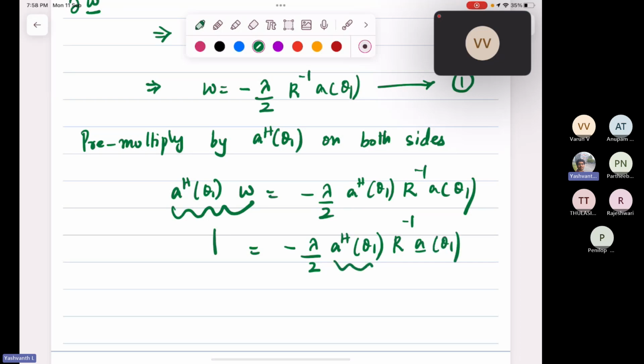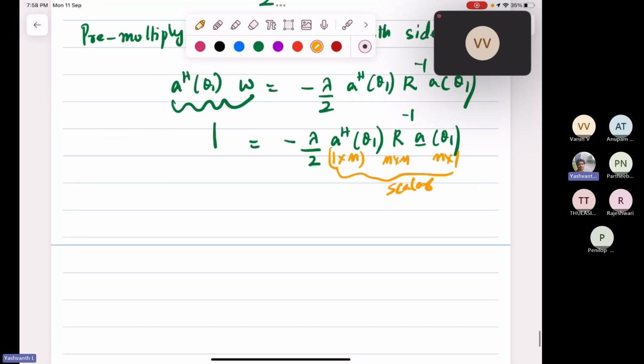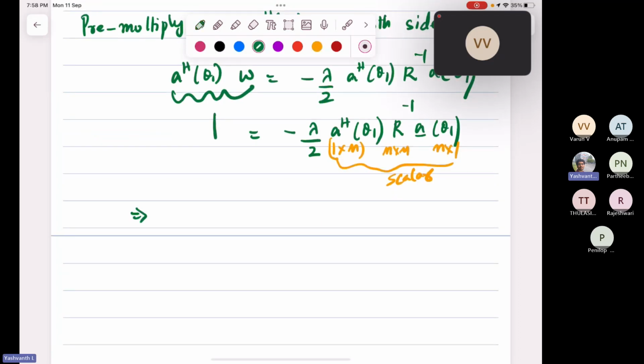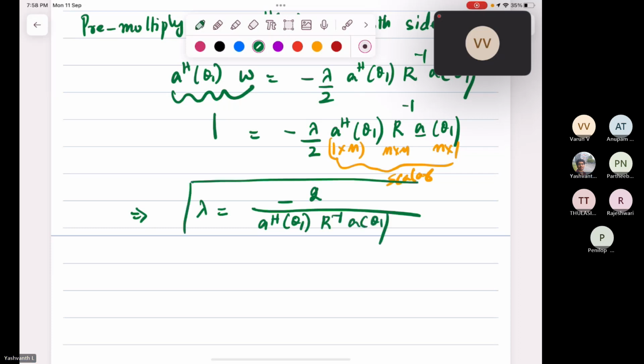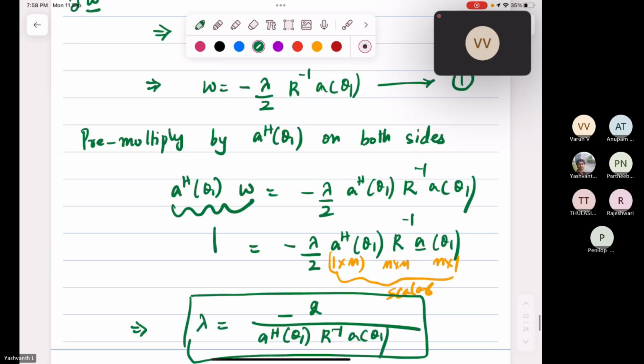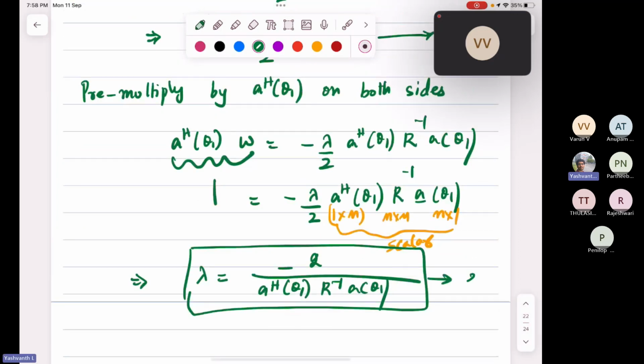So now let's analyze this a bit. This is a 1 cross M vector, this is M cross M, and this is M cross 1. So this is a scalar. Okay, so then I can get lambda equal to minus 2 by A Hermitian theta 1 R inverse A of theta 1. This let's call equation 2.